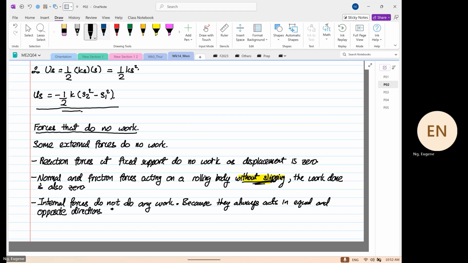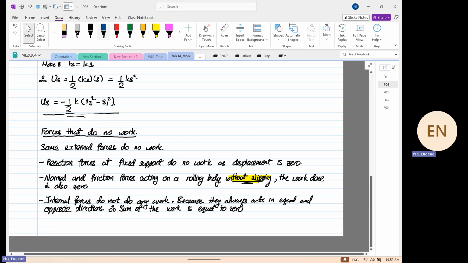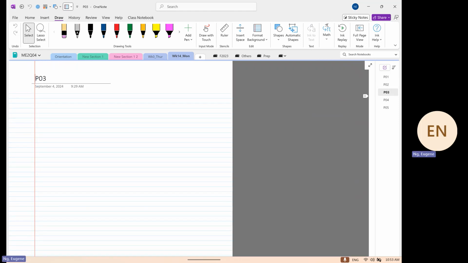Therefore, the sum of their work is also equal to 0. Now we can see three things: at a fixed support, normal and friction force acting on a rolling body without slippage, and your internal forces. Now, the next thing that we're going to look at is the work of a couple.